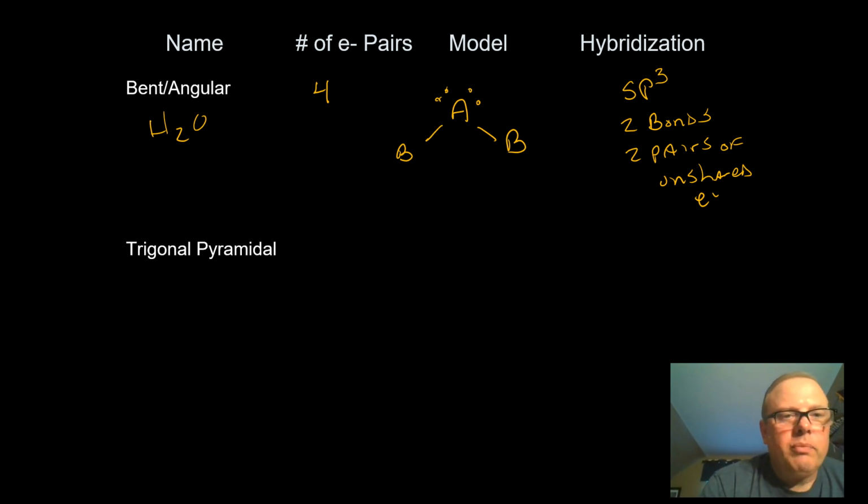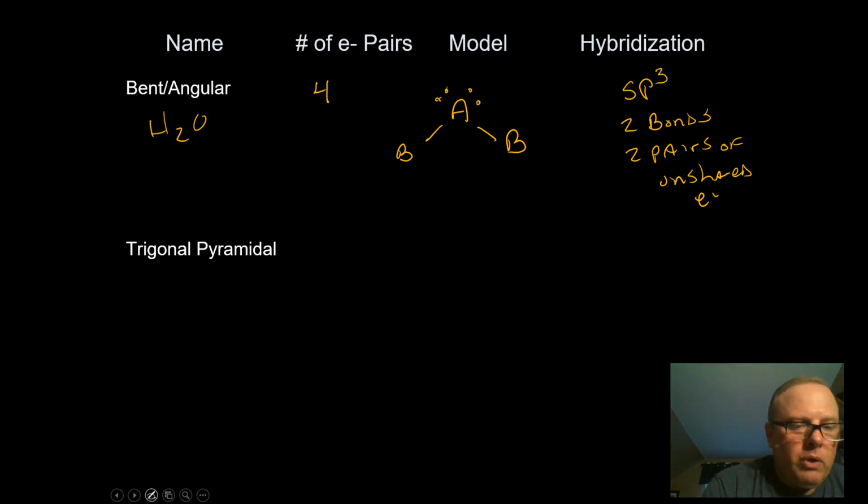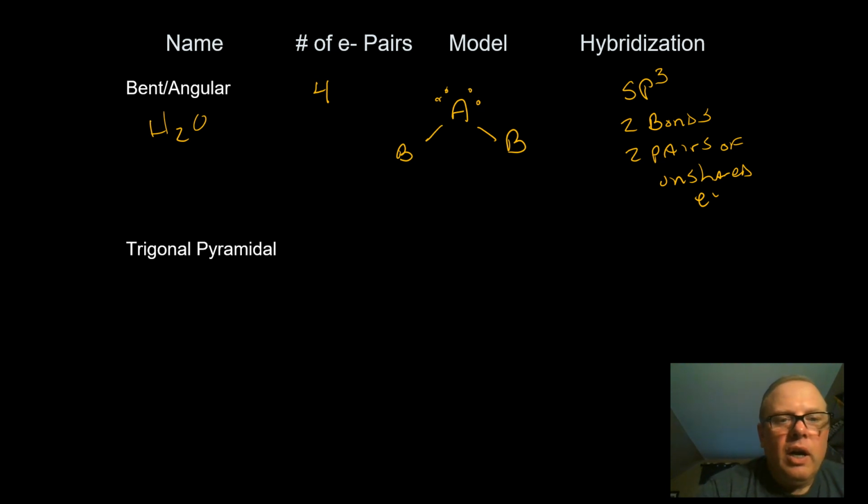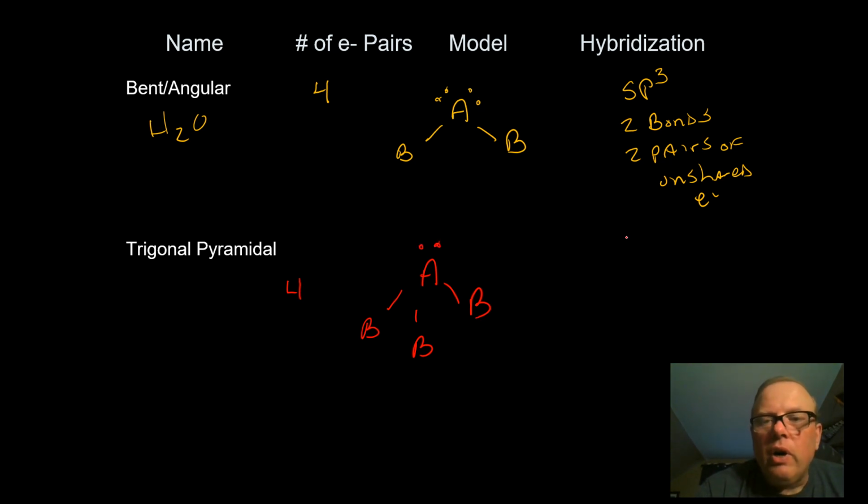Now, trigonal pyramidal is the same sort of an idea here. It's going to have 4 pairs of electrons around the central atom. 3 of them are going to be bonds, like this, and then there's going to be 2 electrons like that. So our hybridization is still sp3.